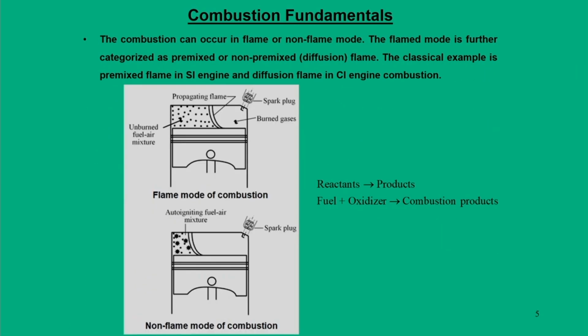Now, combustion can occur in a flame mode or non-flame mode. We all know that when combustion happens in engines, SI engines or CI engines, a flame is generated and keeps propagating in the SI engine combustion, whereas in diesel engines there is auto ignition of fuel, and because of this we get a diffusion flame in the CI engine combustion.